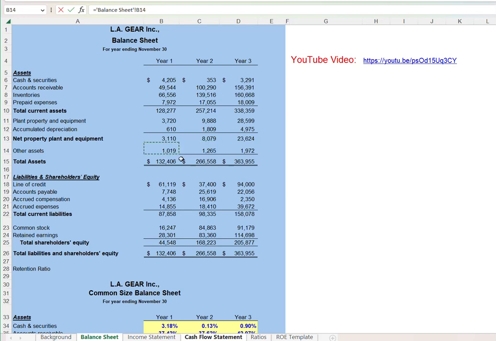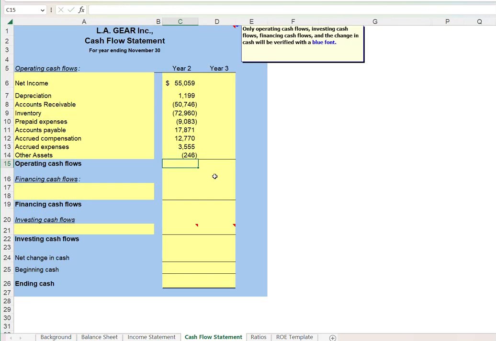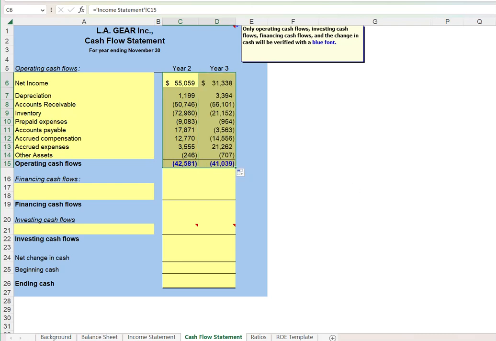So again, we're going to want to take the small number, subtract the large one, and there we have it. And I can go ahead and sum this column. And if we've done it right, your total will turn blue. And we can highlight all of those and then just copy it across for year 3.